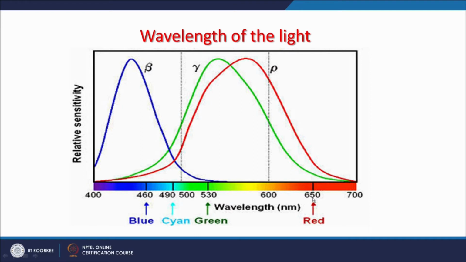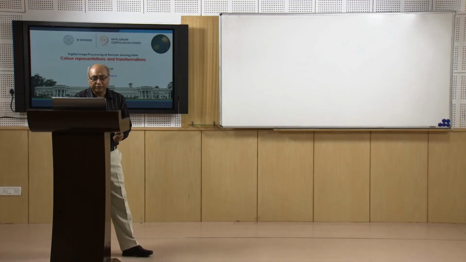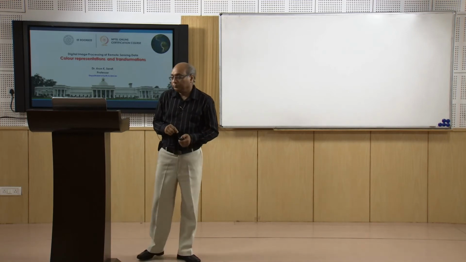Then towards the longer wavelengths we get the red color. So, all these three primary colors blue, green and red are present, and their relative sensitivity, plotted here, is exploited in digital image processing extensively.